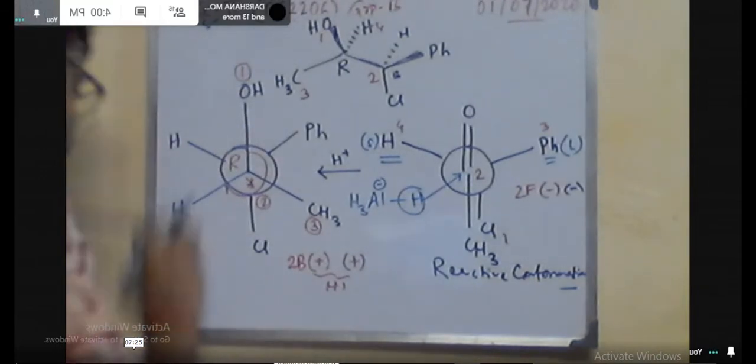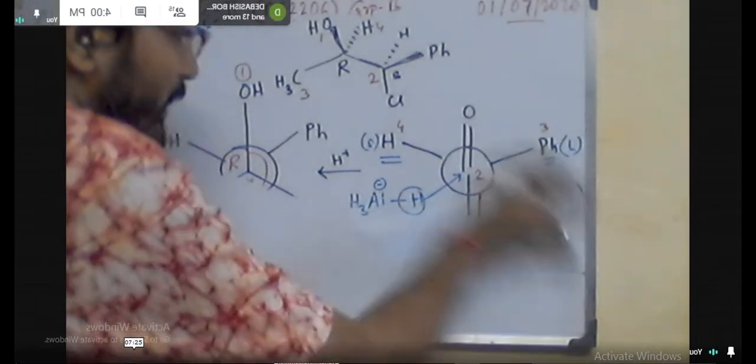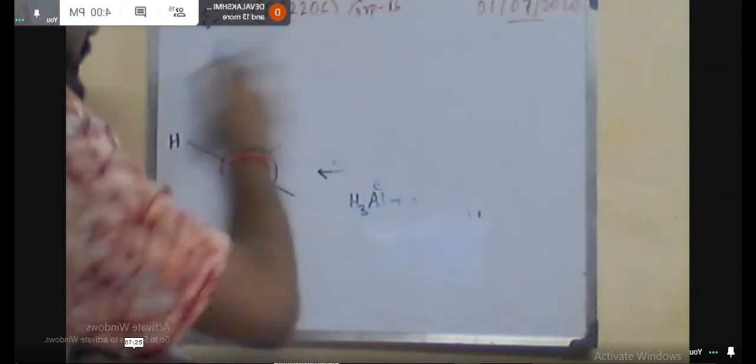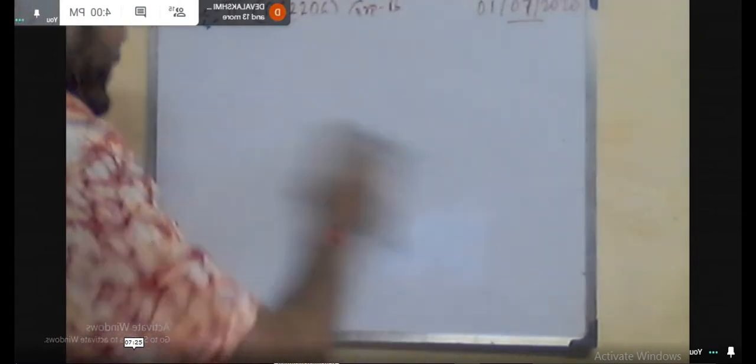So here you can see that I have not drawn the hydrogen, but hydrogen is present when it is drawn this way.